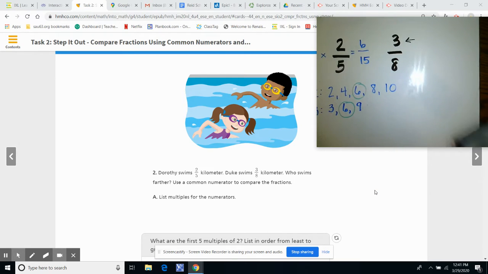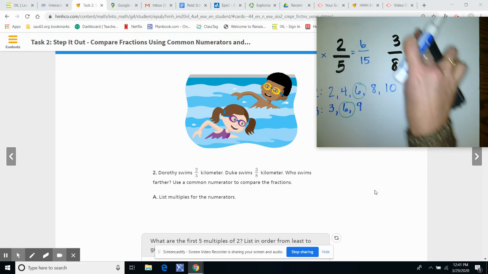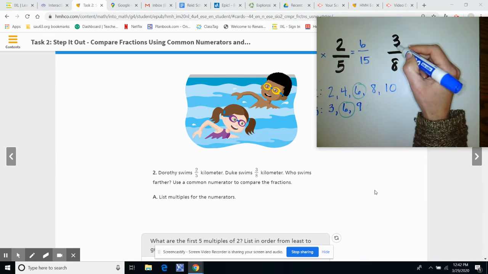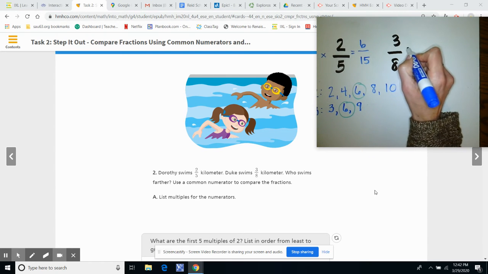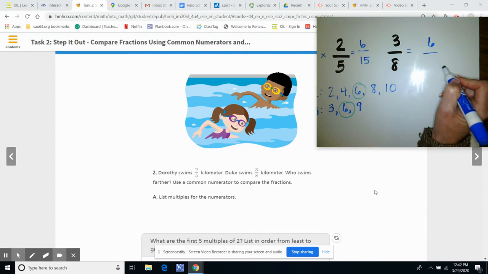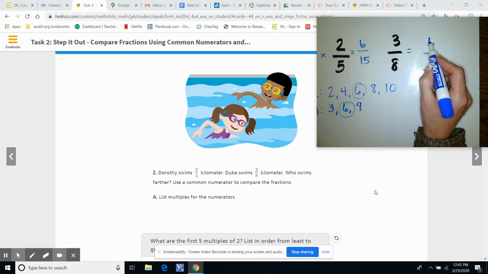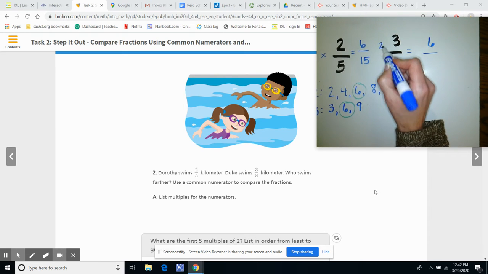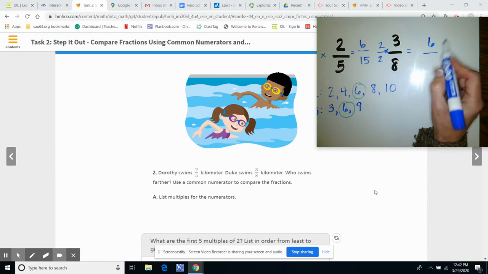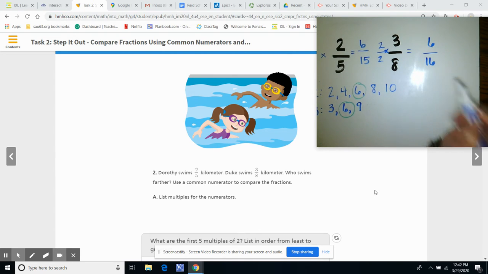Let's calculate for the 3/8. We want to get this to a 6. How are we going to get the 3 to a 6? Well, we're going to multiply times 2. 2 times 3 equals 6. 2 times 8 equals 16.